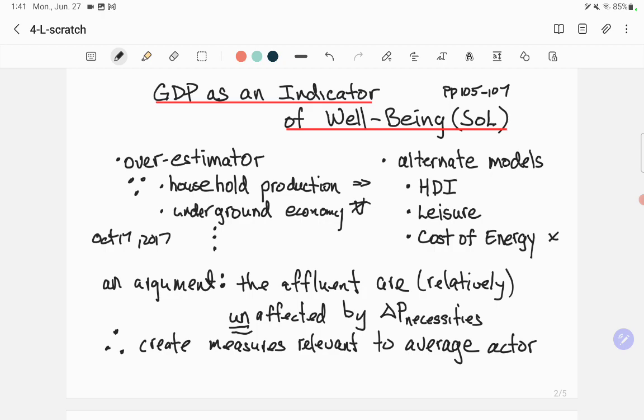So why would you have different indicators? You've got a new model. You will have some new indicators. Why would you have them? More accurate. More accurate to describe the well-being of the people.